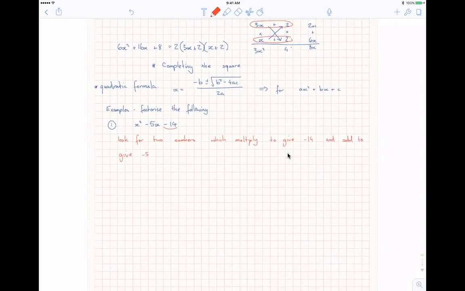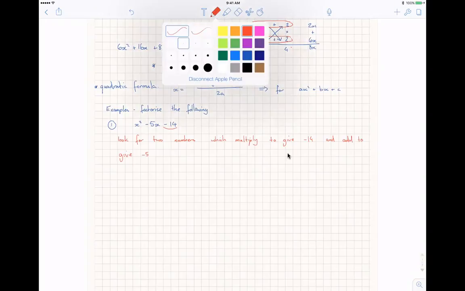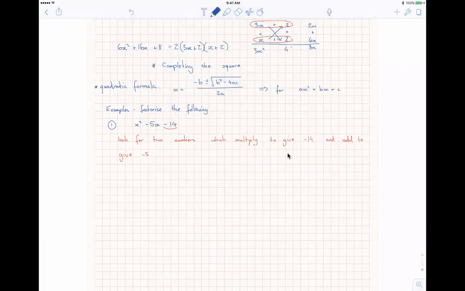Numbers which multiply to give 14 are 1 and 14, and 7 and 2. We need to get negative 14, so one of those has to be negative. If we want to get negative 5 when we add the two together, it'll be negative 7 times 2 gives us negative 14, and negative 7 plus 2 gives us negative 5. So if we factorize x squared minus 5x minus 14, that's going to be x minus 7, x plus 2.